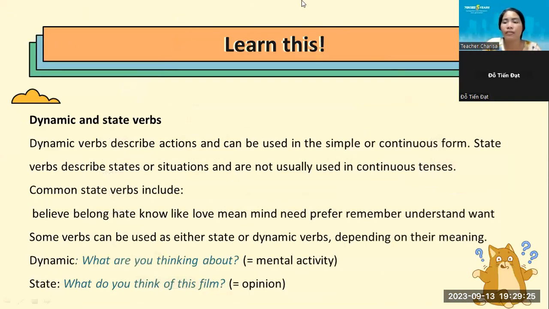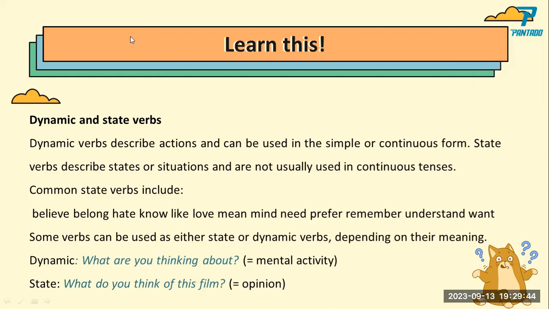So learn this. Can you please read this? The dynamic and the state verbs. What is that? Please read. Dynamic verbs describe action and can be used in simple or continuous form.